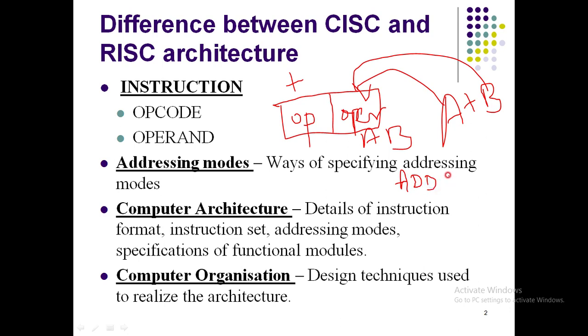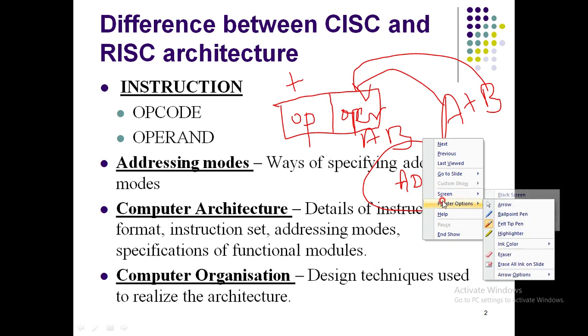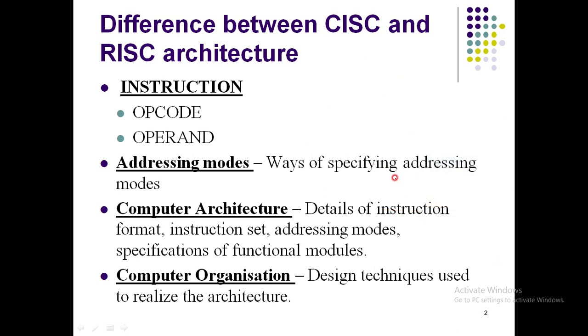The instruction is ADD A, that is the first operand, comma B. So when I write this instruction, you are adding two variables or two operands, which are A and B, and you are using the opcode ADD, which is addition. I hope this is clear, what actually an instruction is. I'll just erase all the ink. So this is what your instruction consists of.